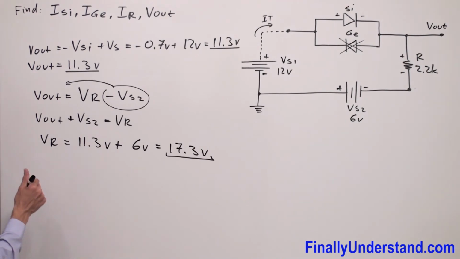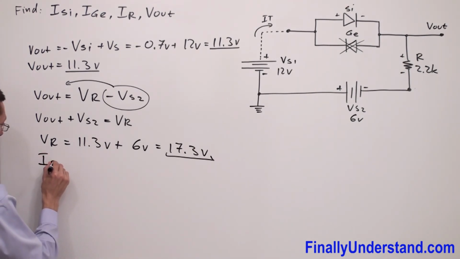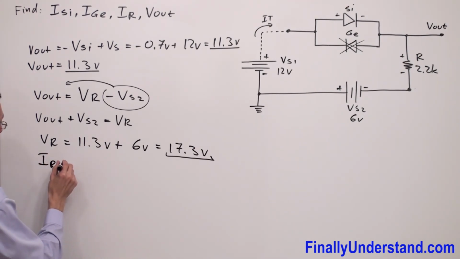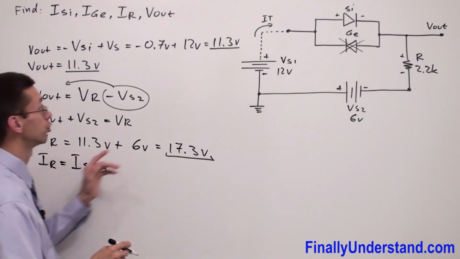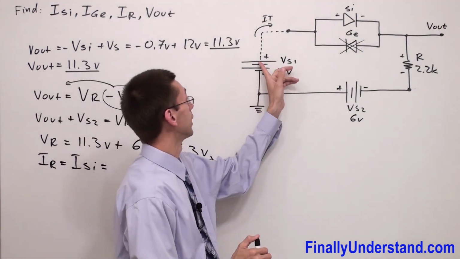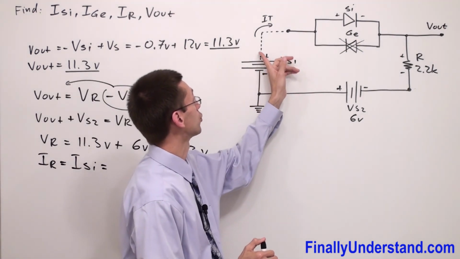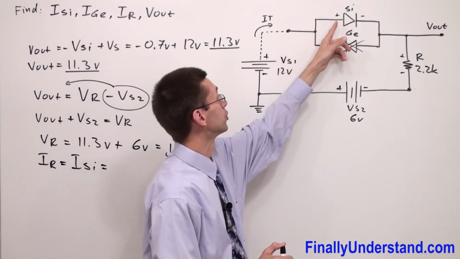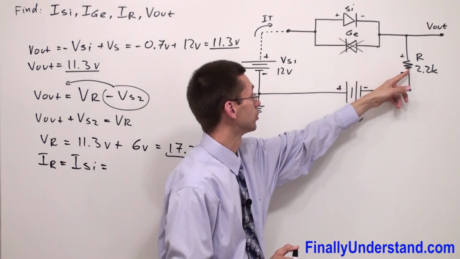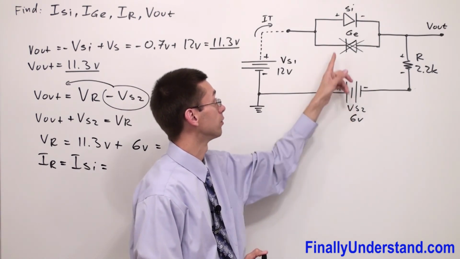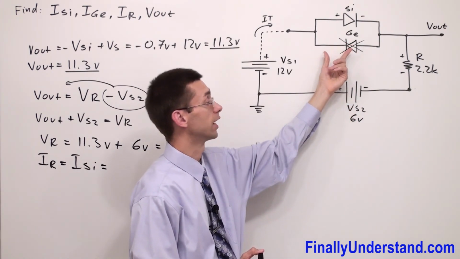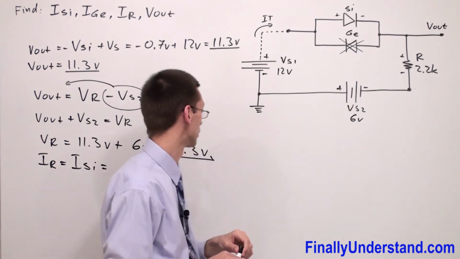In order to find the current, IR, this is going to be also equal to I silicon, because the current is going to go right like this from voltage source 1 through the silicon diode, through the resistance, and through the second power supply. Okay, remember, germanium diode is going to behave like an open circuit.